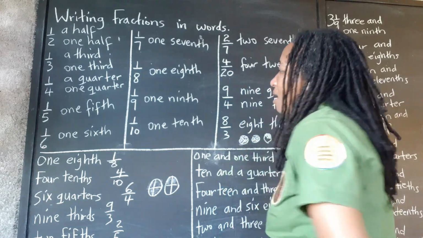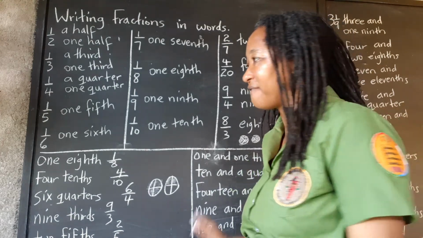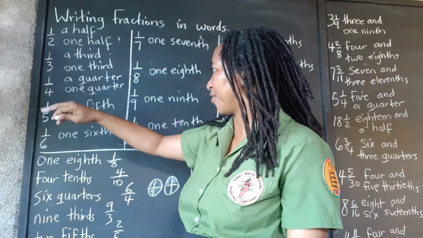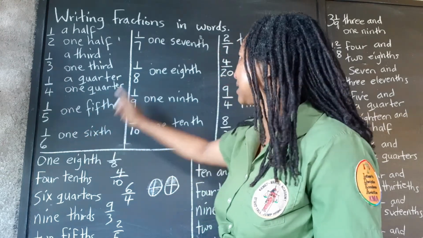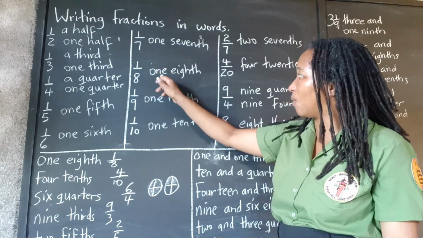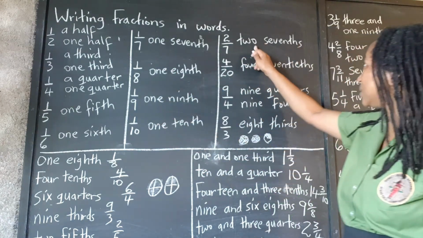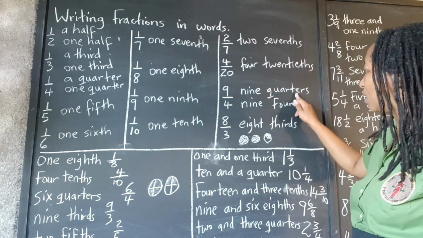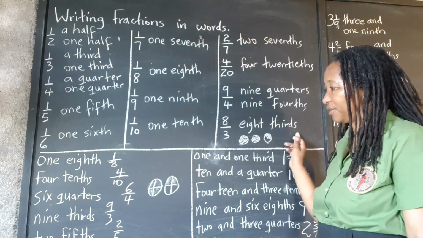Okay, so let's just make one final run and call everybody now. So 1/2, 1/3, 1/4, 1/5, 1/6, 1/7, 1/8, 1/9, 1/10, 2/7, 4/20, 9/4, 8/3.